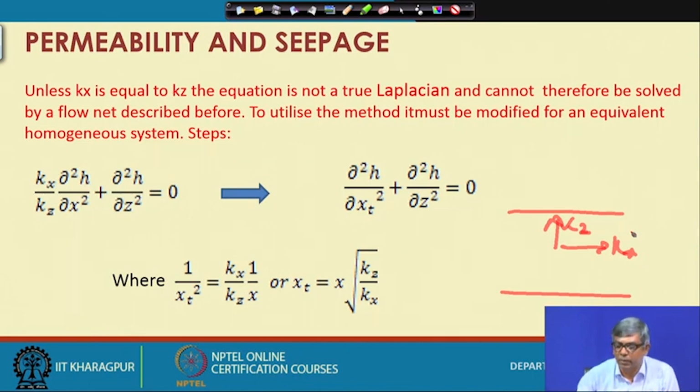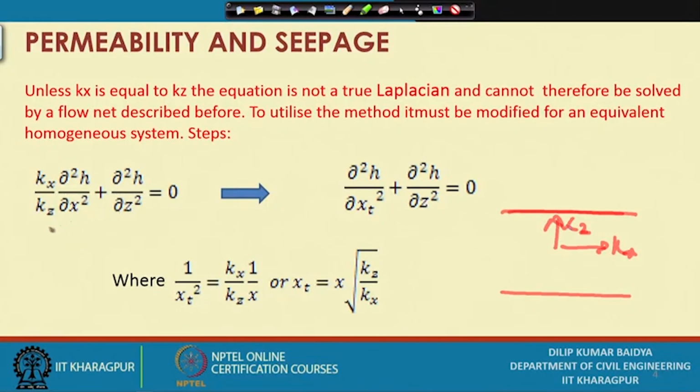So what we can do is consider an equivalent k, or convert this geometry in such a way that if I take these two as equal, our calculation will not be affected. That means we have to transform the actual structure into an equivalent structure, considering the variability in permeability in the two directions. To do that, I can take the original equation and divide by k z.